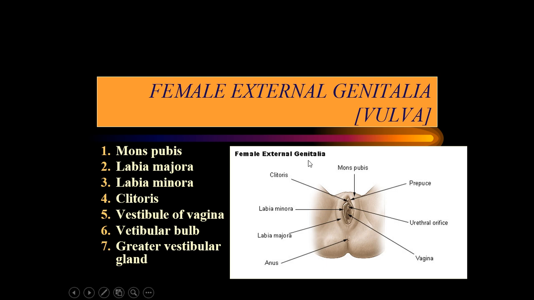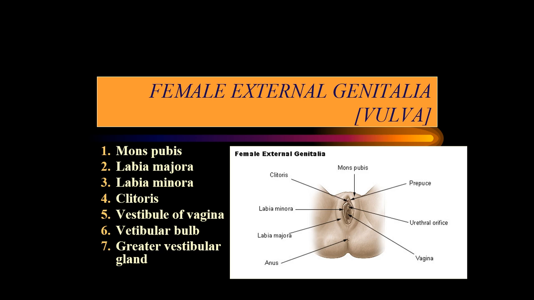The clitoris is well developed in the male and forms the penis, but in the female it is not developed. It is a very sensitive structure which has a lot of nerve endings. So this is called the clitoris.